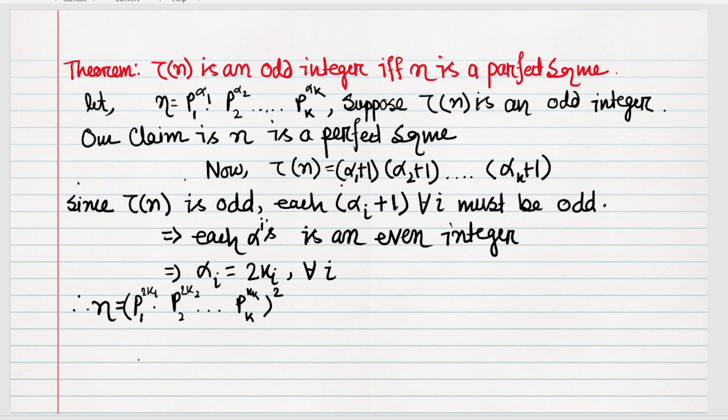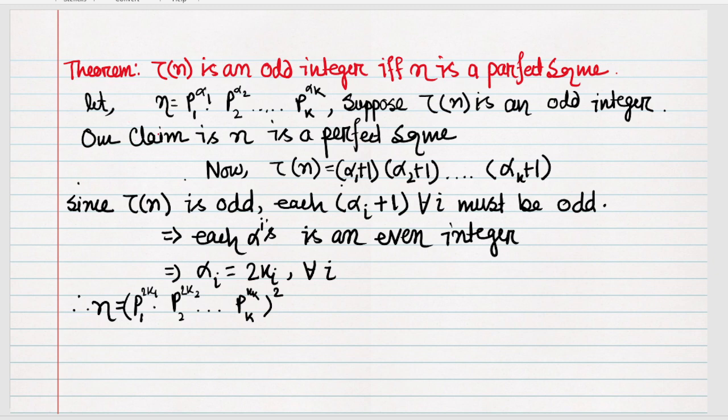So it must be that n equals p1^alpha1 p2^alpha2 ... pk^alphak. This is our prime factorization of the integer n. Suppose we know that tau of n is an odd integer; our claim is that n is a perfect square.